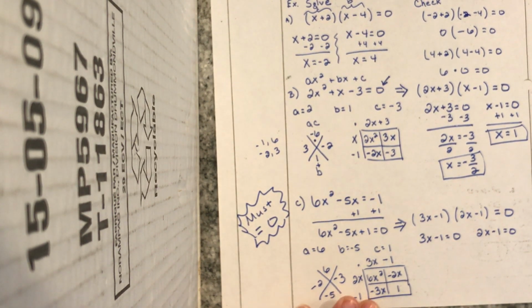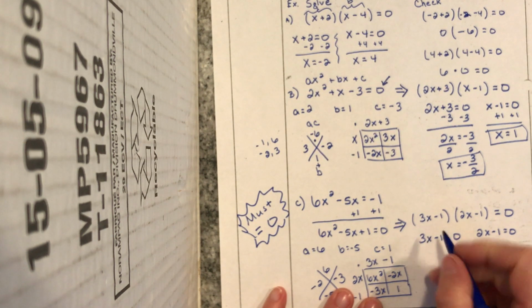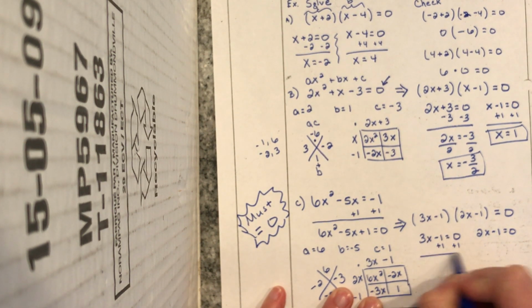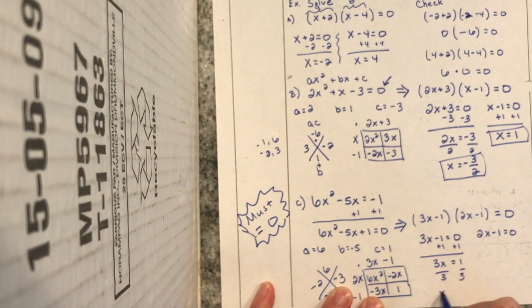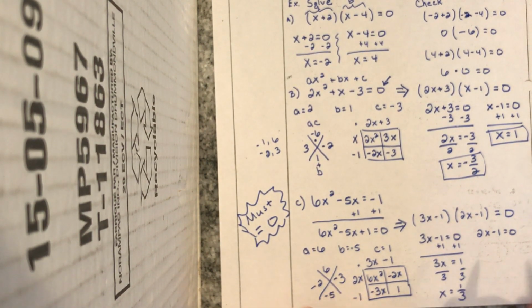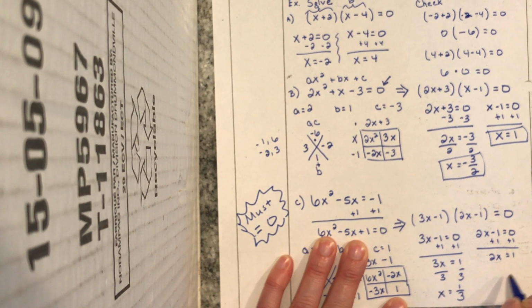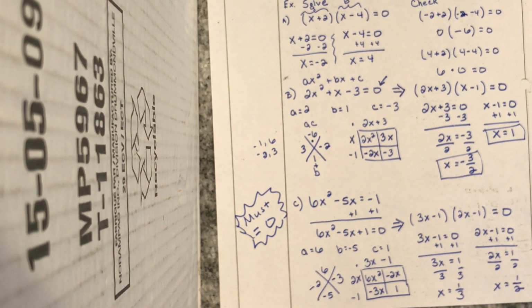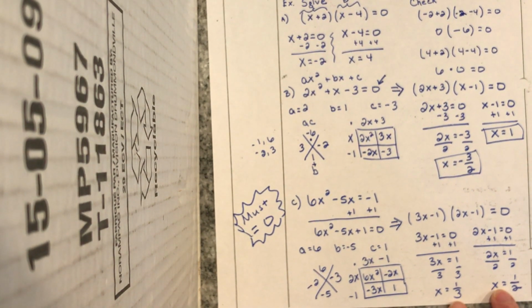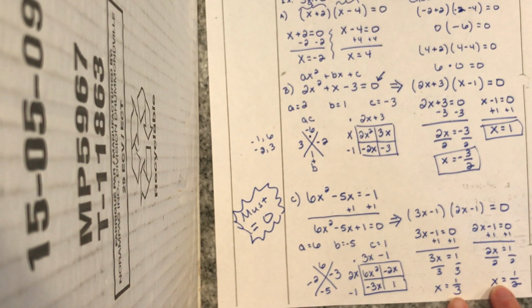And we solve them separately to come up with two answers. So our two answers are 1/3 and 1/2.